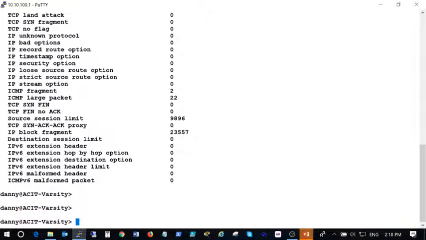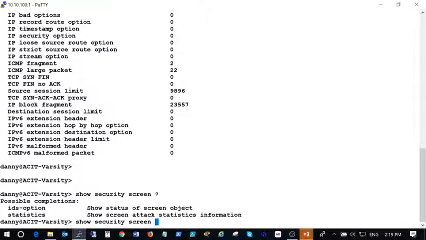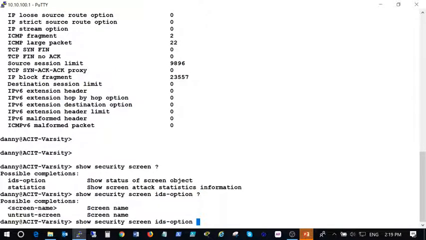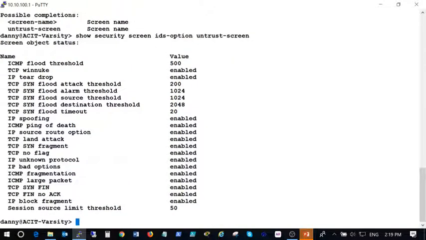Let's take a look at our IDS and untrust screen. So this is what we've got enabled. We've got our flood threshold set to 500.